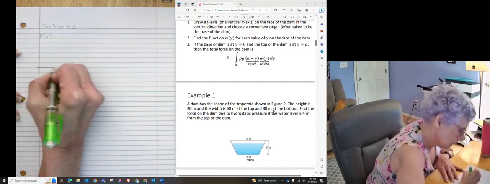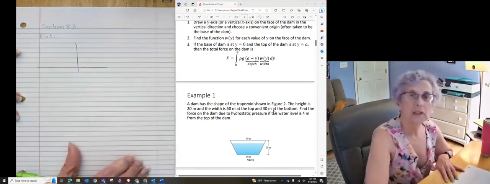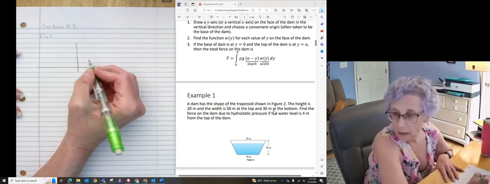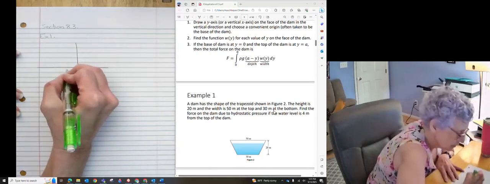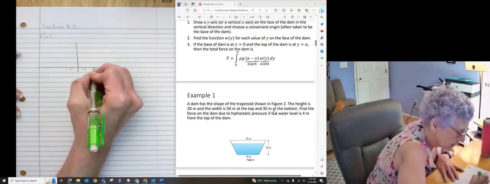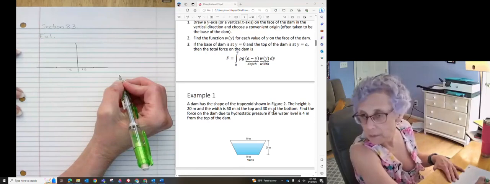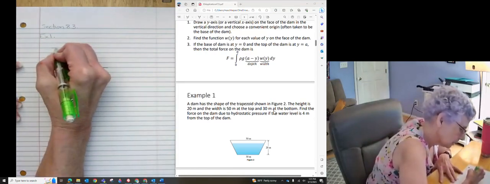First, I start with a set of axes. And I'm going to put the middle of the dam at the center. So it's 30 meters wide at the bottom, so it would be 15 over here and 15 over here. It is 20 meters high, so I'm going to call this 20 meters.